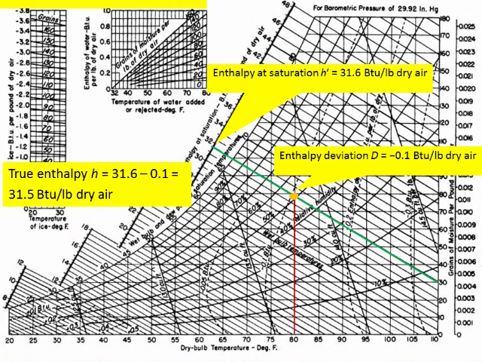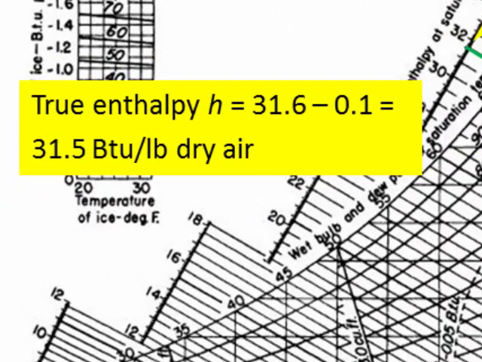Now the enthalpy is obtained by adding the enthalpy of saturation to the enthalpy deviation and we get the enthalpy as 31.5 BTU per pound of dry air.